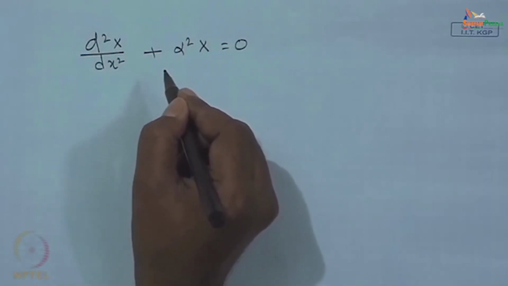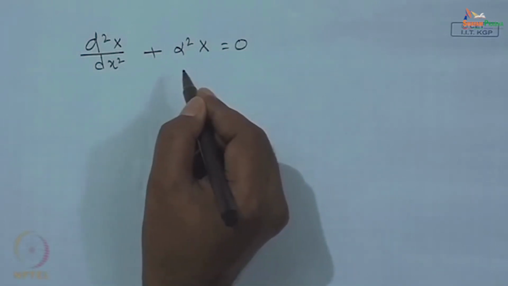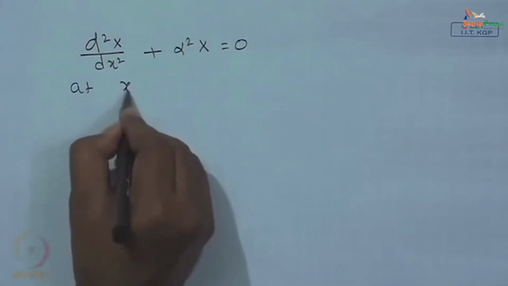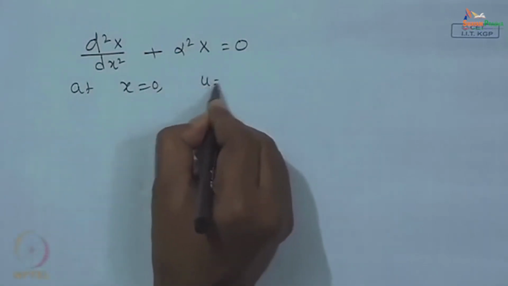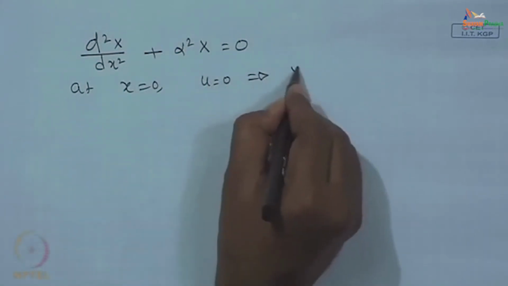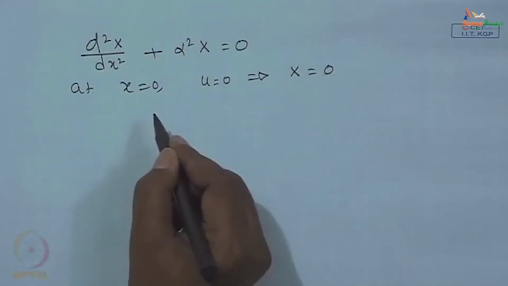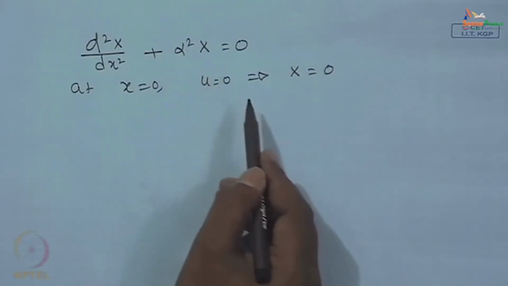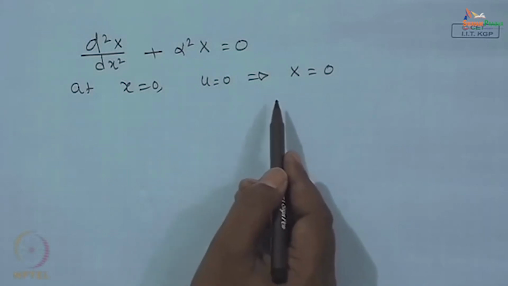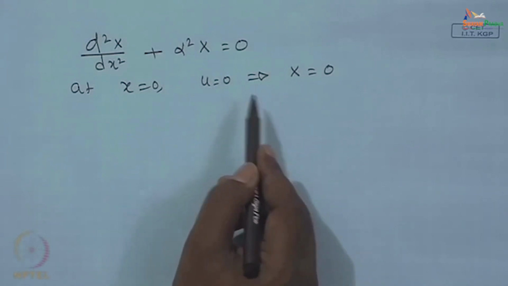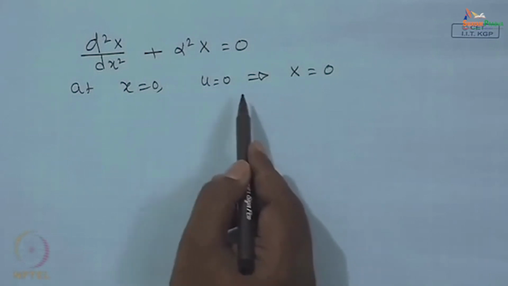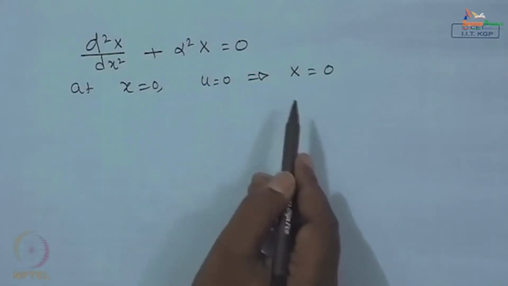Now, we have to see whether the boundary conditions are homogeneous or not. They are. At x is equal to 0, your original boundary condition was u equal to 0, therefore, capital X must be equal to 0 there. The space varying part must be satisfying the boundary condition of the original problem in space.